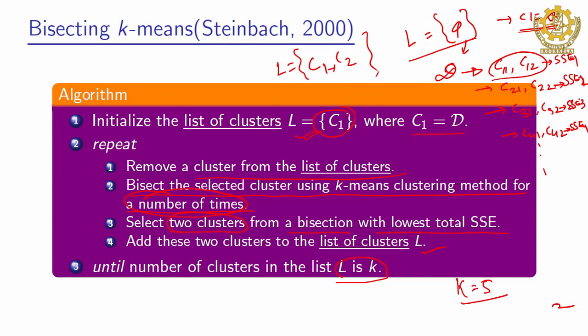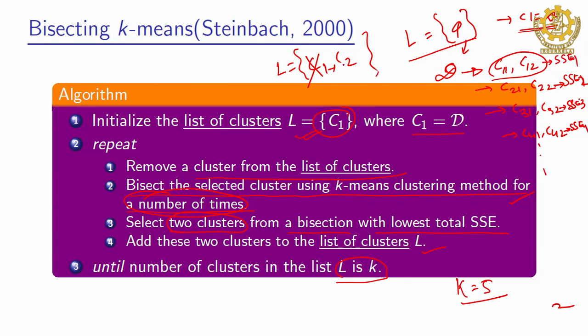From C1 and C2 you take out 1 cluster, let us say C1, and again partition it using bisecting k-means many times and choose the clustering with minimum SSE. You will get 2 clusters, and you add these 2 clusters into the list. Earlier you had 1 cluster, now you add another 2 clusters here.